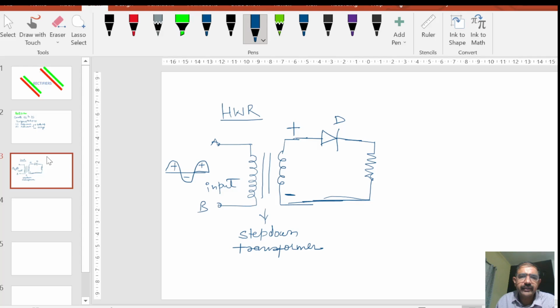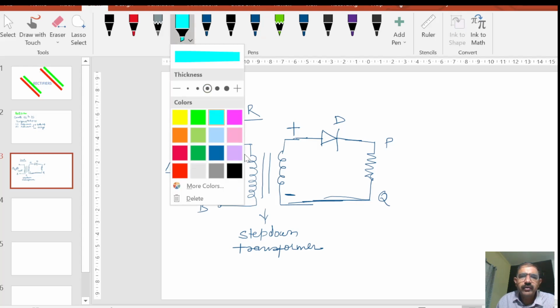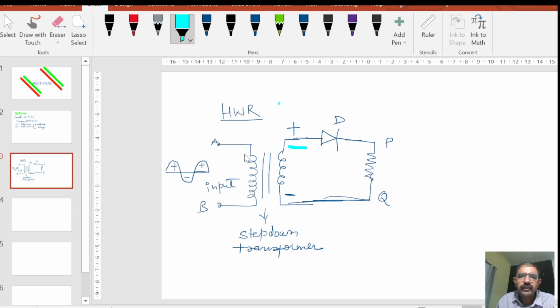It means the diode will conduct and current will flow from P to Q. This is the direction of current during the positive cycle, when diode D1 conducts.